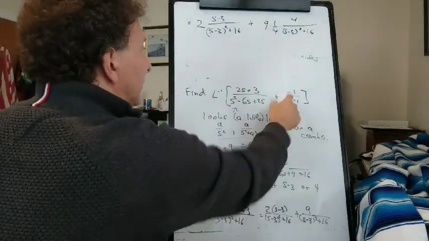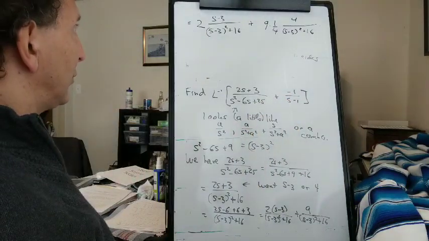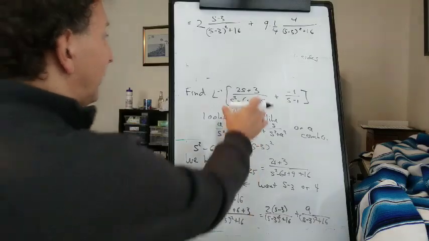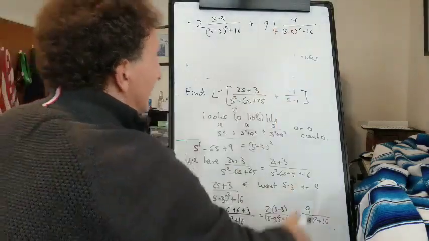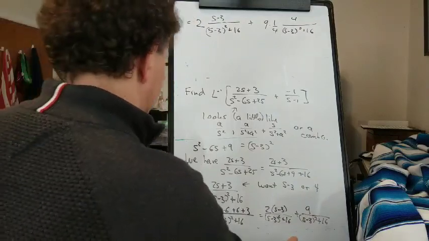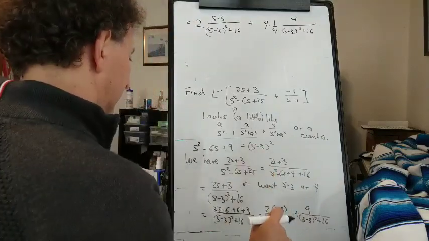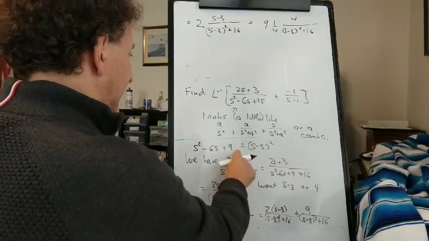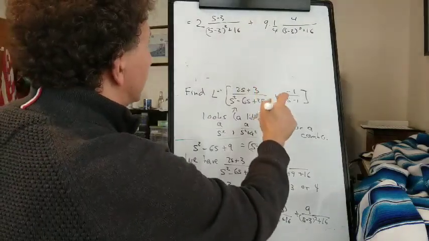Now I don't want to lose this minus 1 over s minus 1. So far we've been playing with the first part. Maybe I'll just write it now. So this fraction we wrote as that.